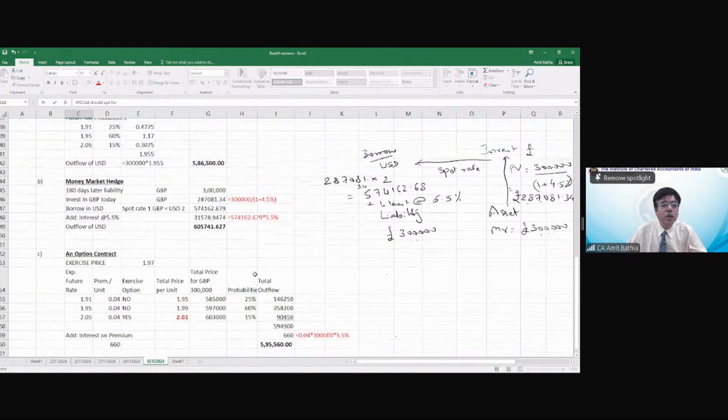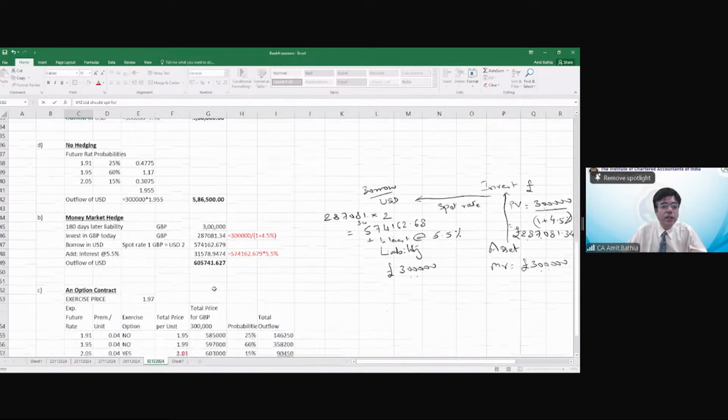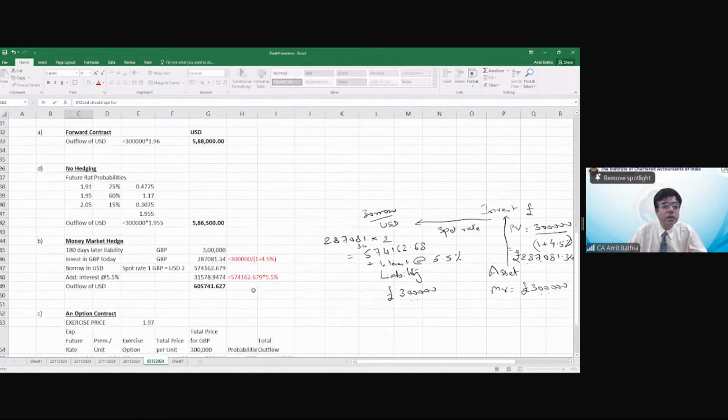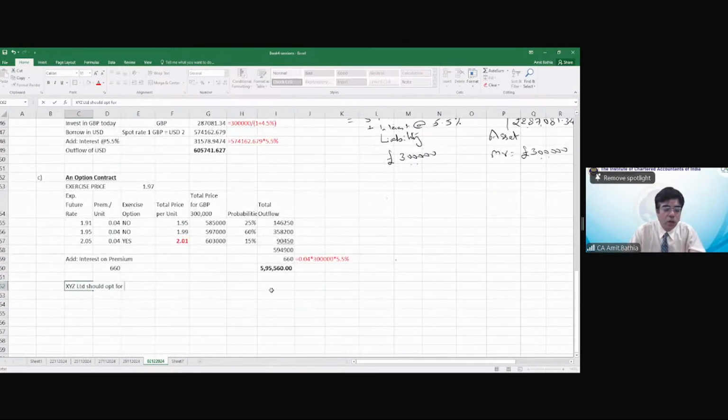What is the outflow in the no hedge position? 588, 586,500, 605,741 or 595. Which is the least amount? 586,500. That is the no hedging option, right? So it should opt for the no hedging option as it has the least outflow of cash.